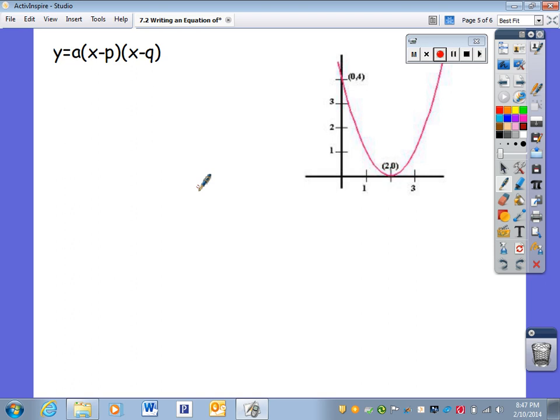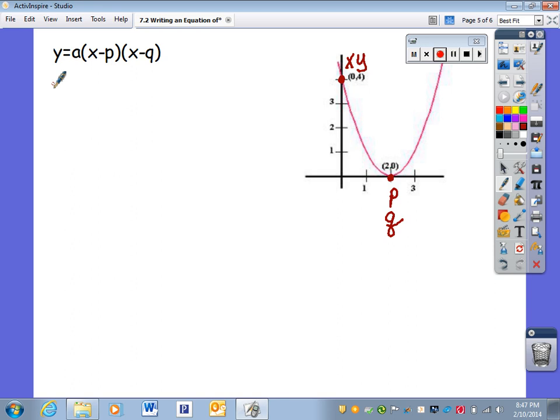Let's take a look at our last example. Here we have only one x-intercept, which is at the point (2, 0). So that's going to stand for both the p and the q. And then we have another point over here, which is the point (0, 4), which we can use for our x and our y value, since the point (2, 0) is also the vertex.